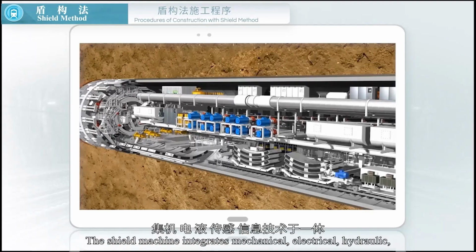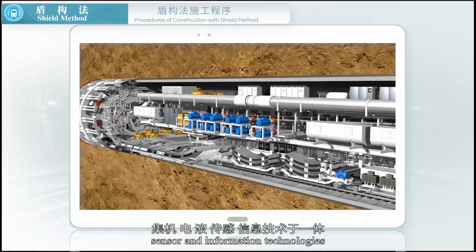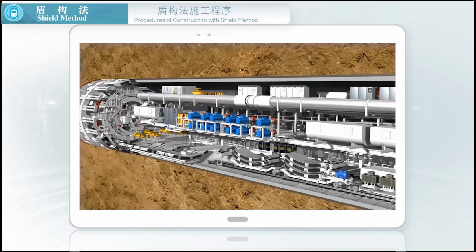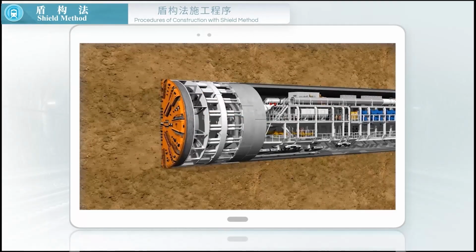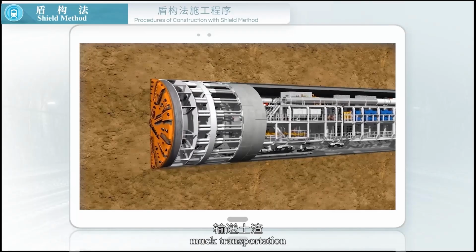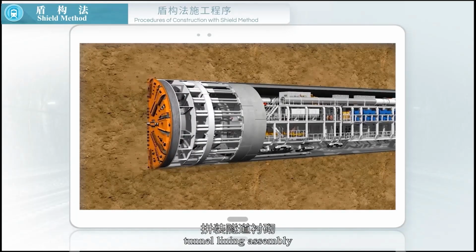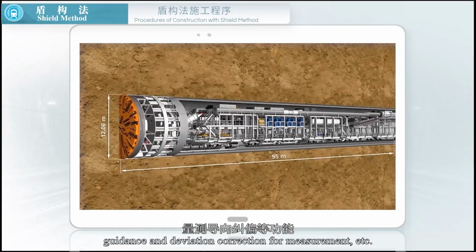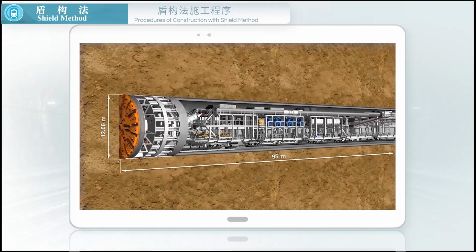The TBM integrates mechanical, electrical, hydraulic, sensor and information technologies, and has the functions of soil mass excavation and cutting, muck transportation, tunnel lining assembly, guidance and deviation correction for measurement, etc.